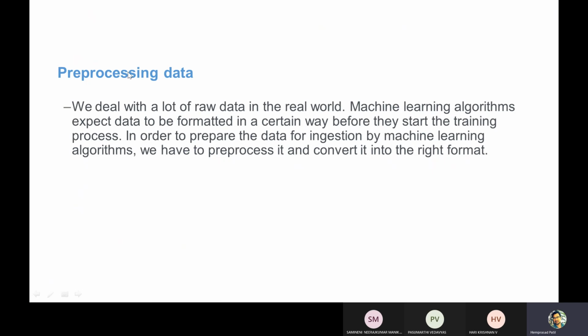Pre-processing the data. We deal with a lot of raw data in the real world. When we acquire the data, noise may be present. Few operators are there who don't make the entry of the data properly, and they provide the data set like that, and we have to process that data set.